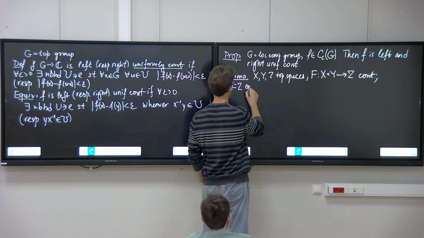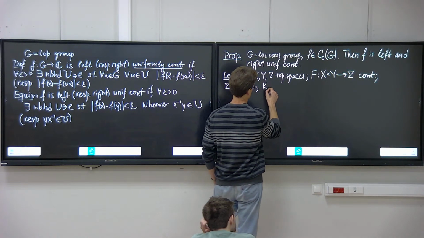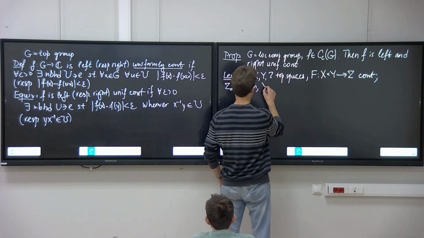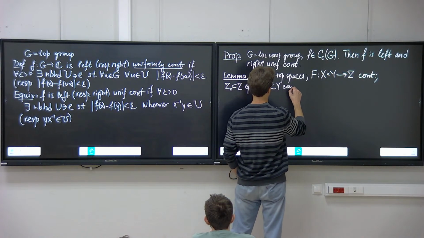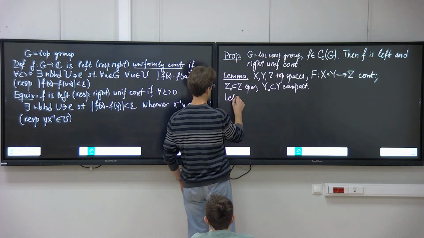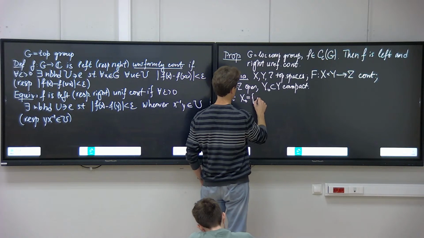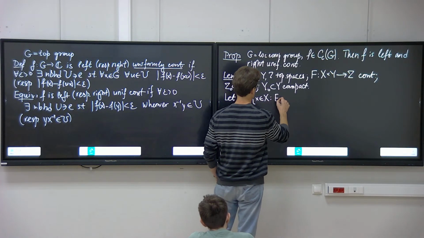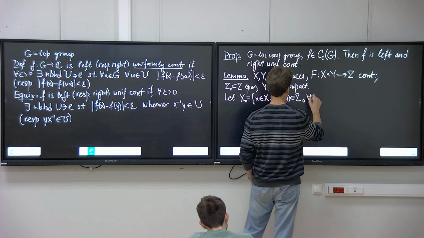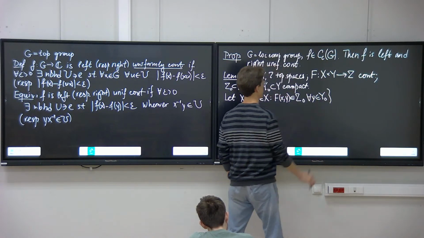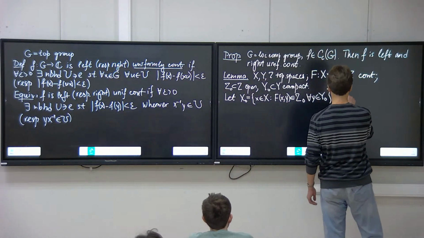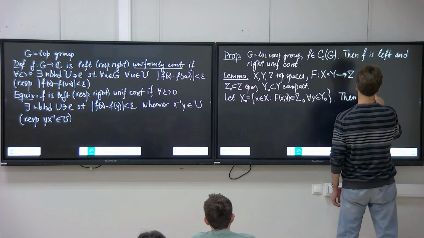This is open, and a compact subset denoted by Y0 in Y. Compact. And let's consider the following set X0, which consists of those points x in X such that F of x,y belongs to Z0 for every y in Y0. I claim that this set is open. X0 is open.